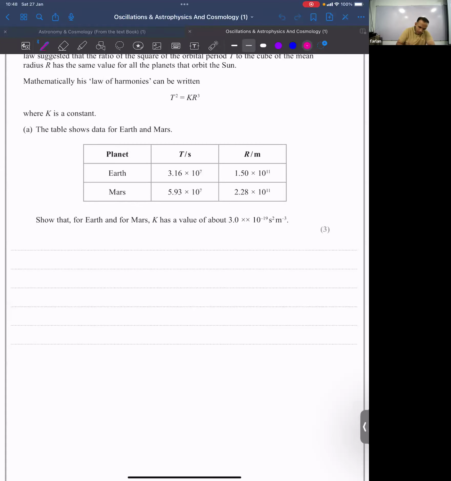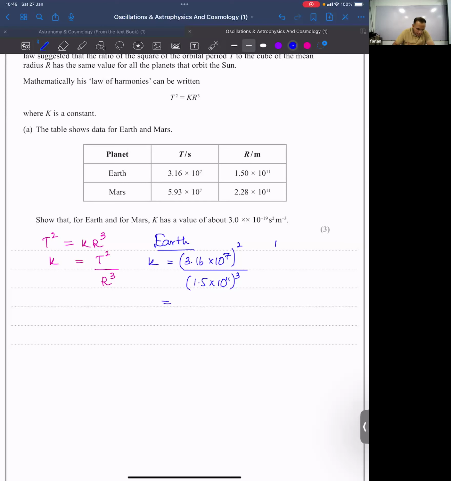So guys, T square equals k r cube means k equals T square over r cube. If I use it for Earth, k equals 3.16 into 10 to the power 7, squared, divided by the radius of the Earth, 1.5 into 10 to the power 11, cubed.